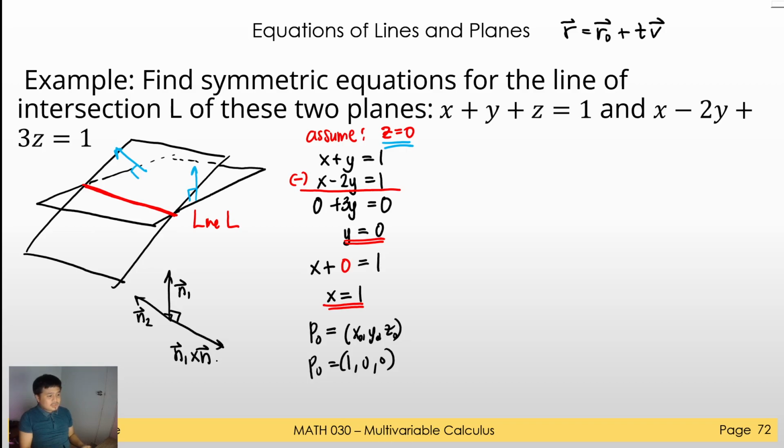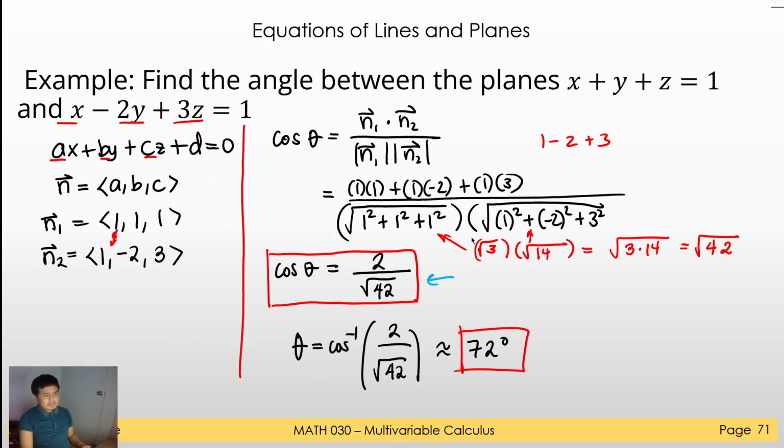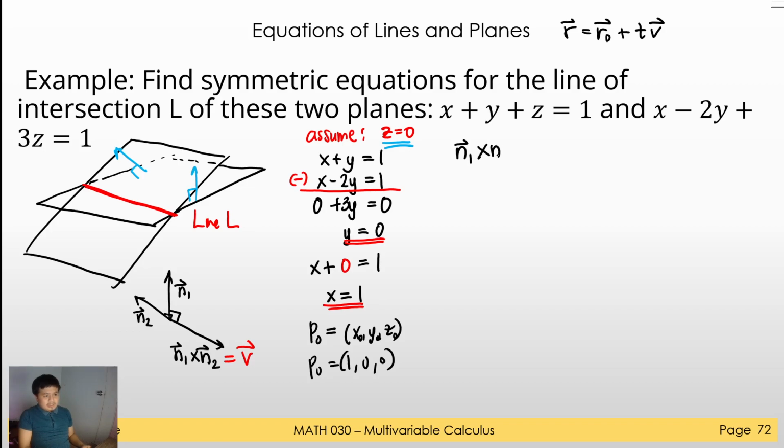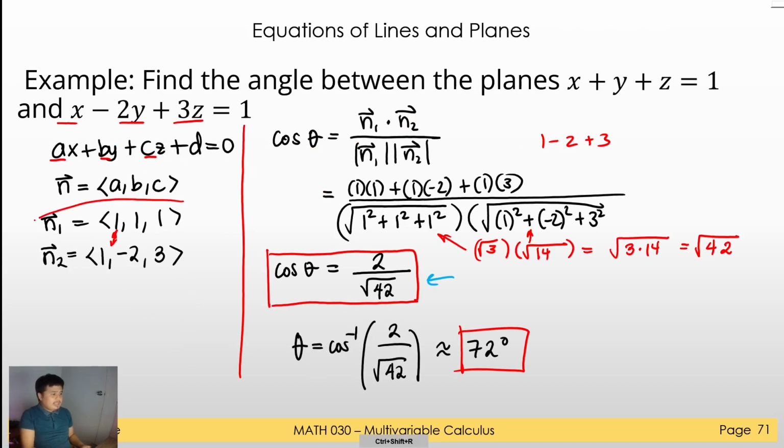As you can see here, this also points in the direction of this line L. So we can find the cross product of these two orthogonal vectors to find this v vector, which is the direction vector. So we should solve this first to find this vector v. We already showed this one last time.